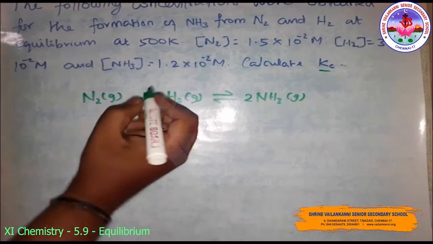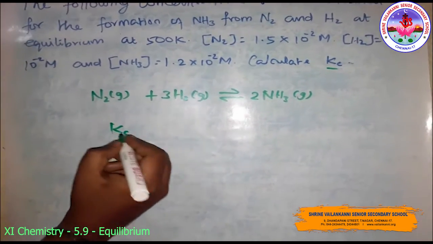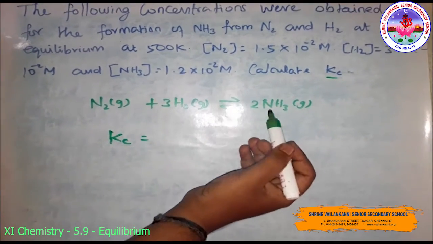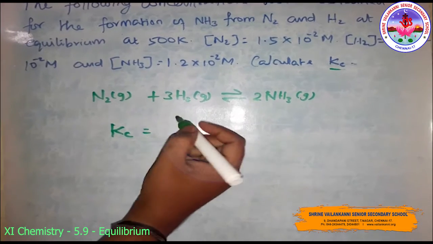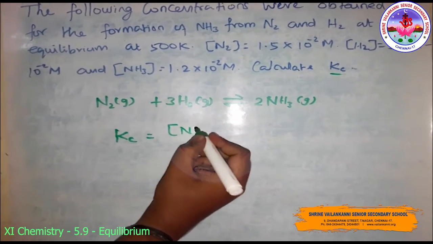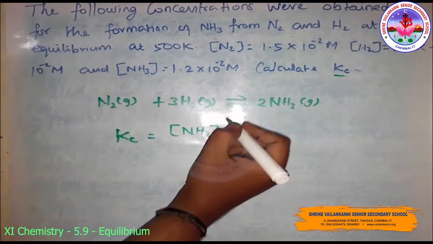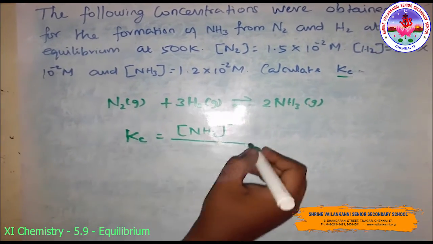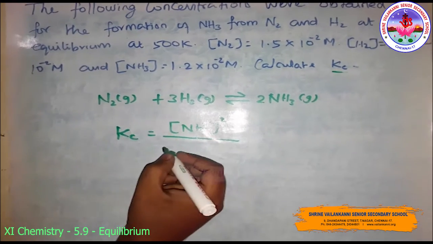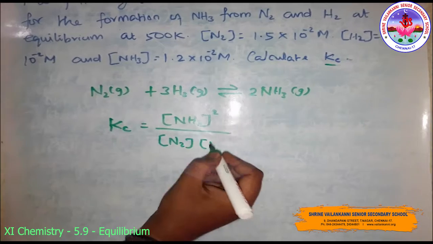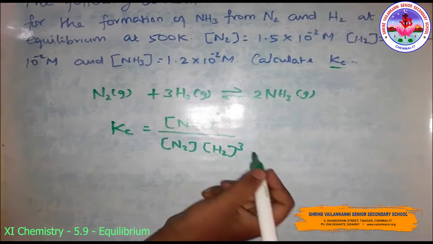Now you have to write the equilibrium constant Kc. Kc is equal to what? Product divided by reactant. So the concentration of ammonia gas, the stoichiometric coefficient is 2, so raised to the power 2, divided by the concentration of nitrogen, then the concentration of hydrogen to the power 3.